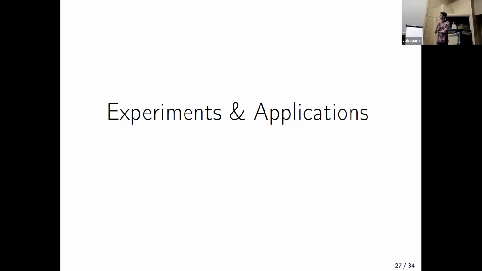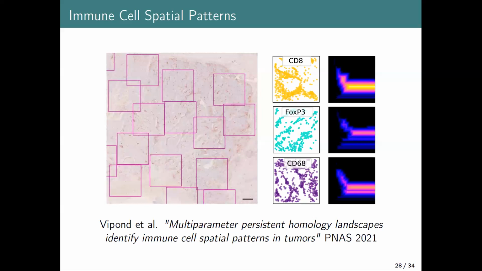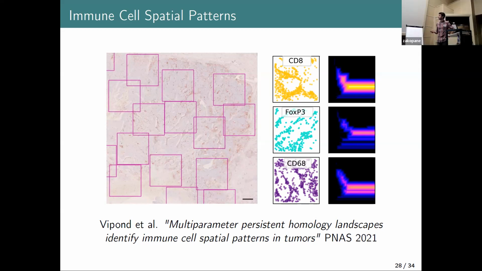And now I can discuss briefly the experiments. Okay, some real data. This is one of the most famous papers in multi-parameter persistence that actually shows that you can have some results on real data.